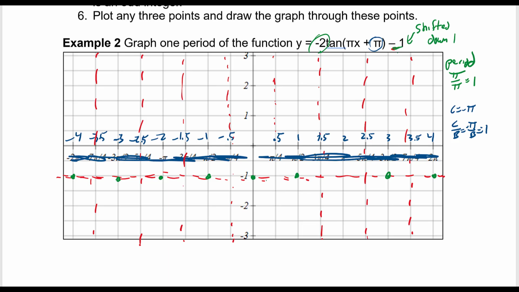But we're multiplying by negative 2, so it's going to be at negative 2. So instead of going up 1, it's going to go down 2. And then this one, instead of being down 1, it's going to go up by 2. So we get this kind of a graph.